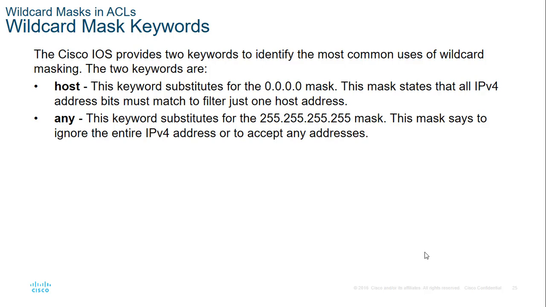If I want to make my life a little bit easier, instead of always having to write out the wildcard mask, if I want to do a host, which is a 0.0.0.0, I could just say host: permit host 192.168.10.11, and that host is allowed to come through, or deny host 192.168.1.11.